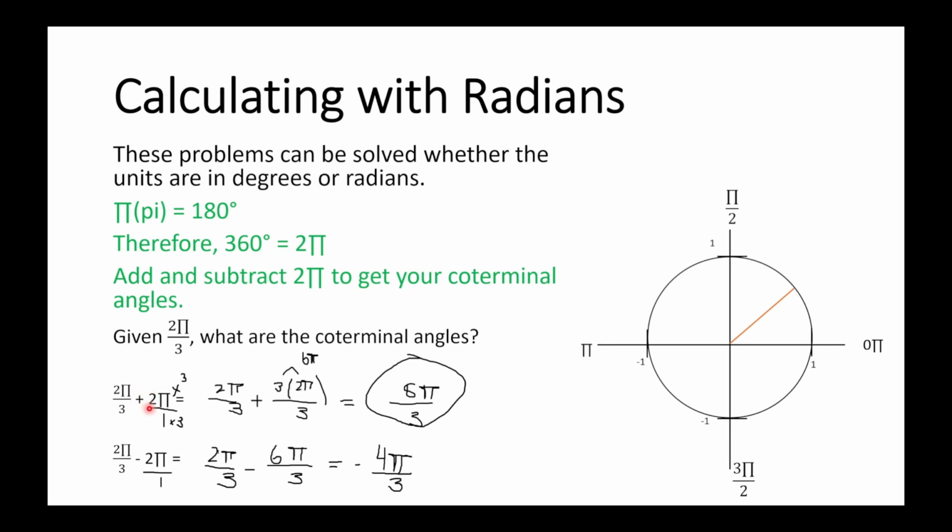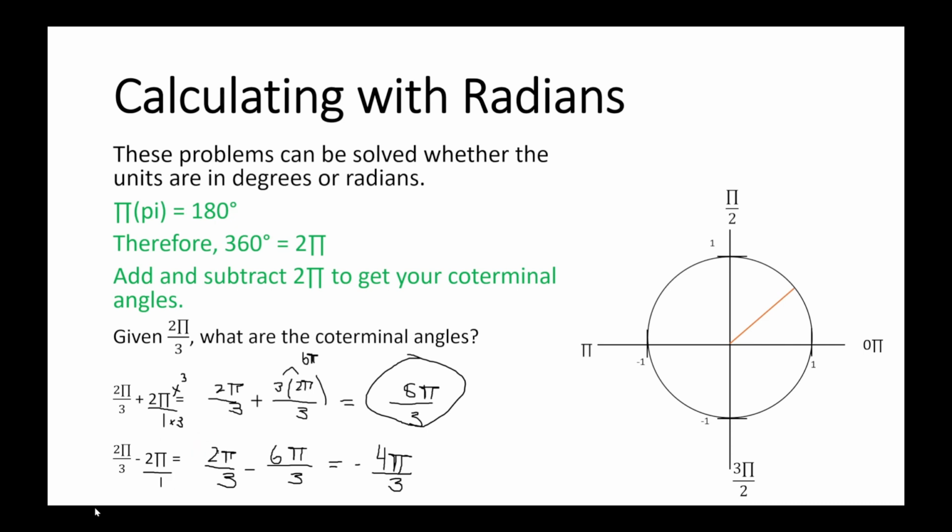So see here, I start off with 2 pi over 3 plus 2 pi. What I did is I put 2 pi over 1, because when we're adding fractions, we want to make sure we have two fractions. 2 pi isn't a fraction on its own, so I have to put it over 1. And then when I add fractions, I also want to make sure that my denominators match. So I multiply the top and bottom of the 2 pi over 1 by 3.